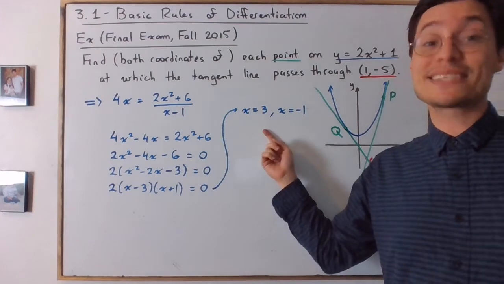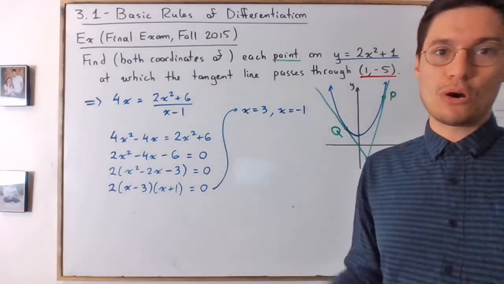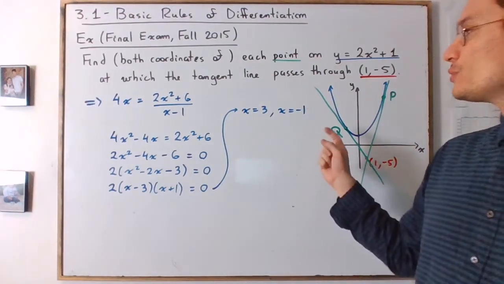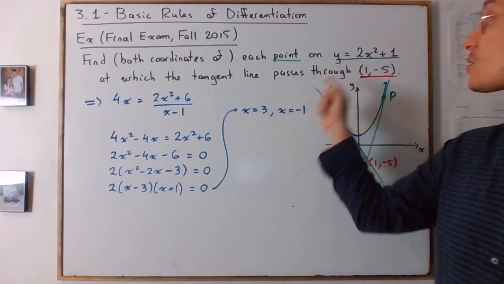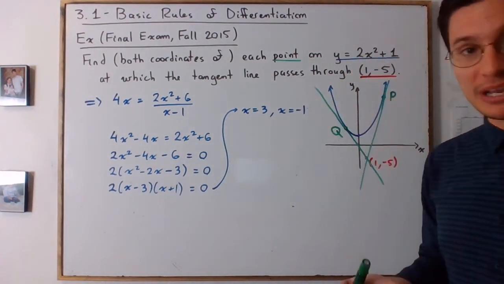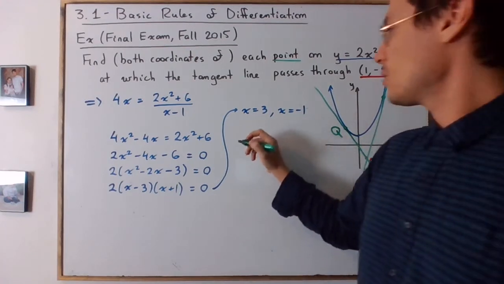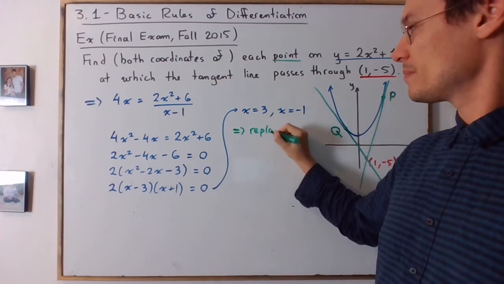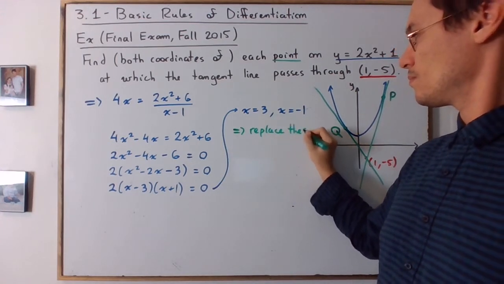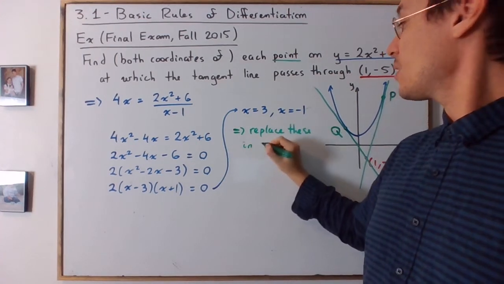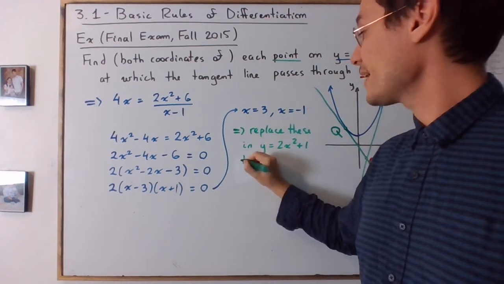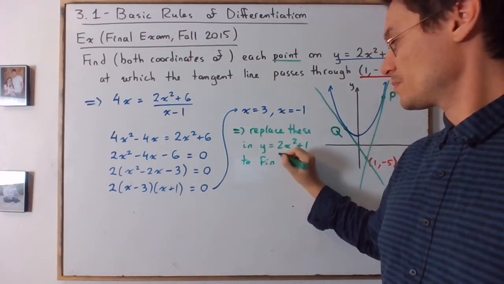Now these are the x coordinates, you agree? So to find the y coordinate, what we need to do is just replace these two x coordinates in that formula, right? So let's put it this way: replace these in y equals 2x squared plus 1 to find the y coordinates.